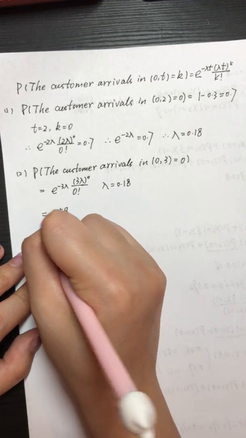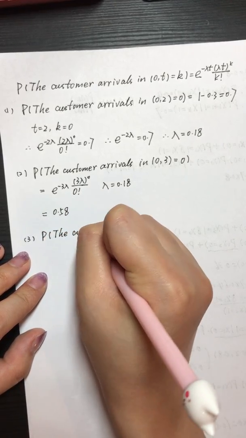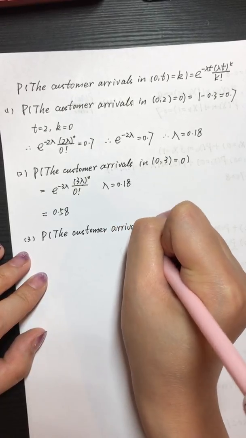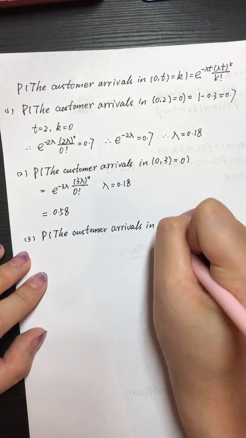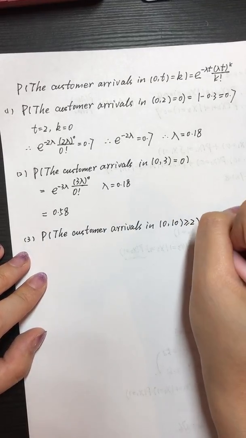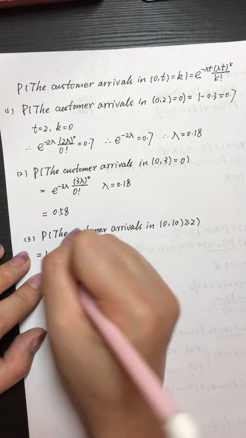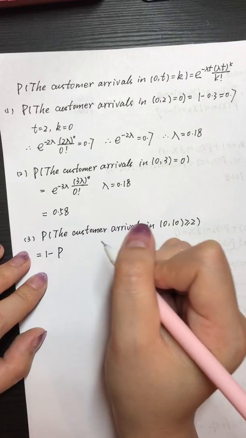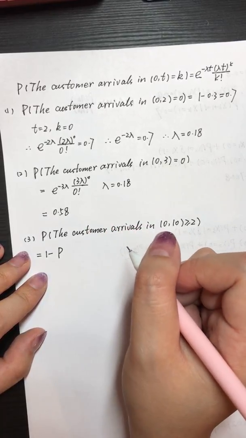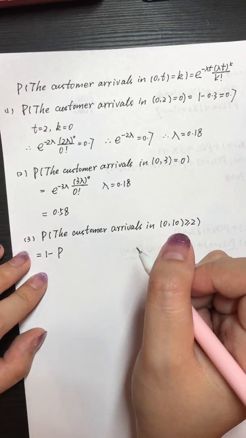So the probability that the customer arrives in 10 minutes, this at least 2, this one equals 1 minus the probability that only 1 customer arrives in 10 minutes, and the probability that no customer arrives in 10 minutes.